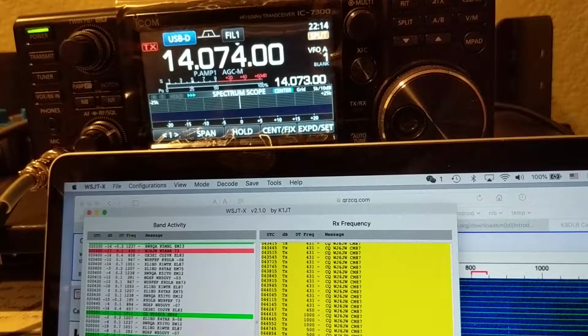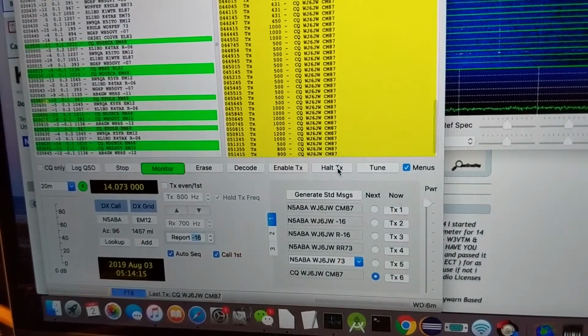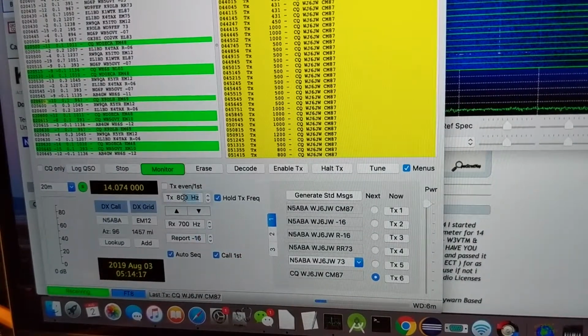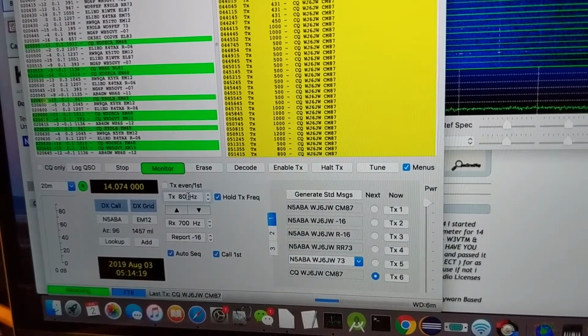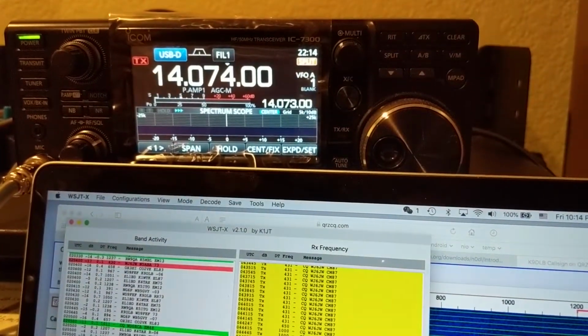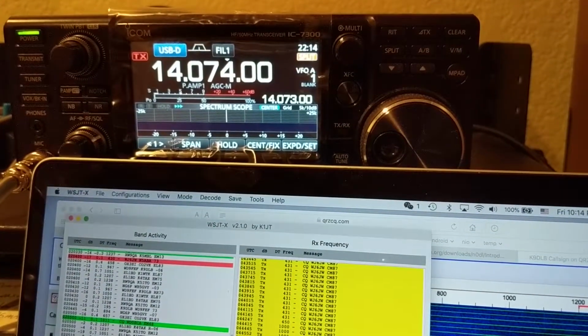Okay, let's do the last one. Let's do 1200. That's almost 1200 hertz, and see what the transmitting frequency is.